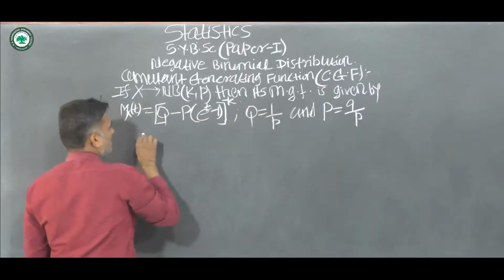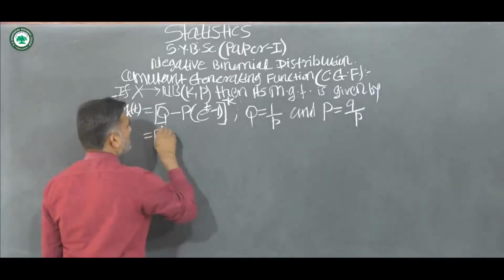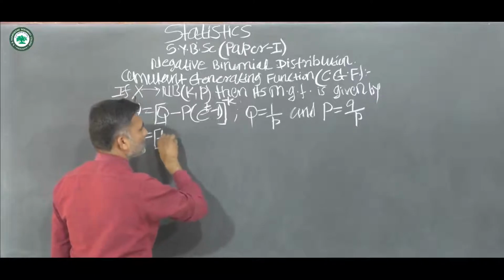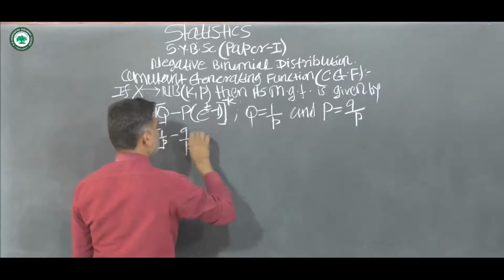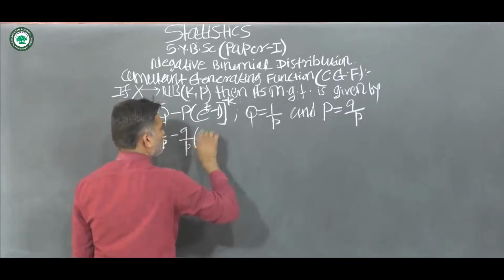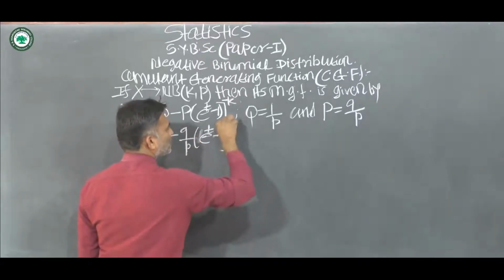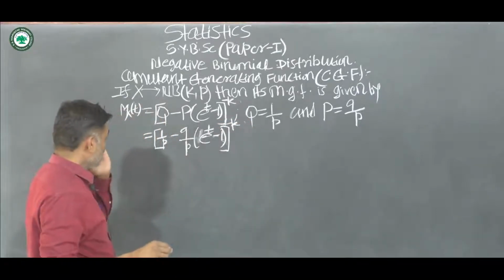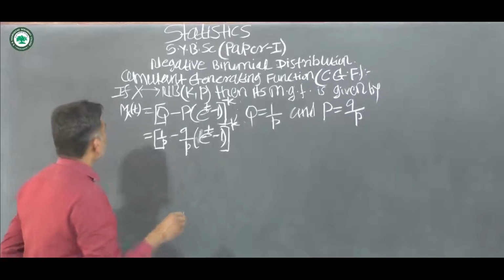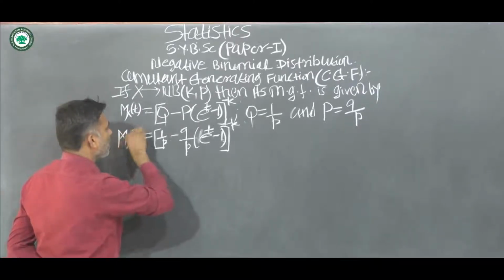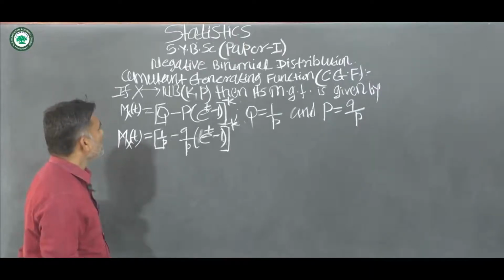Now if we substitute the values of capital Q and capital P, then we have [1 upon p minus q upon p (e^t minus 1)] raised to minus k, which is the MGF of the random variable X, and that random variable X follows the negative binomial distribution.